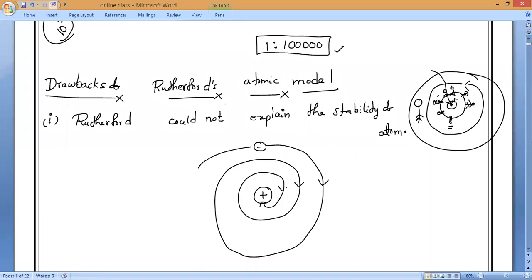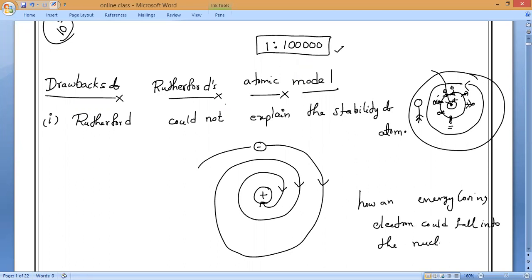But this is not taking place in the case of electrons, so Rutherford is unable to explain this. This diagram shows how energy-losing electrons could fall into the nucleus.